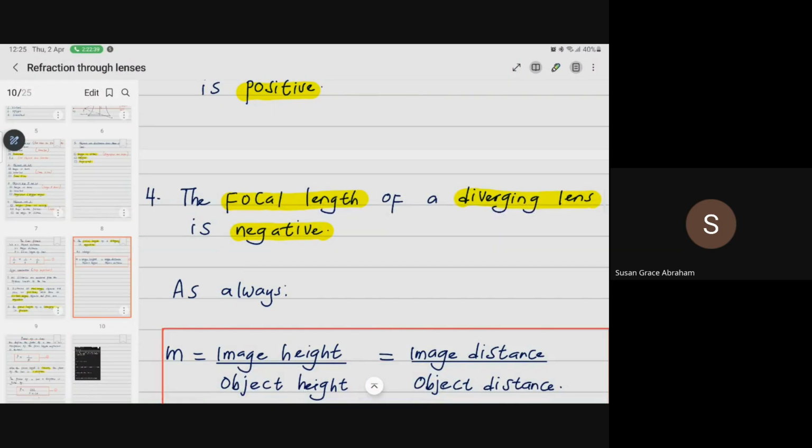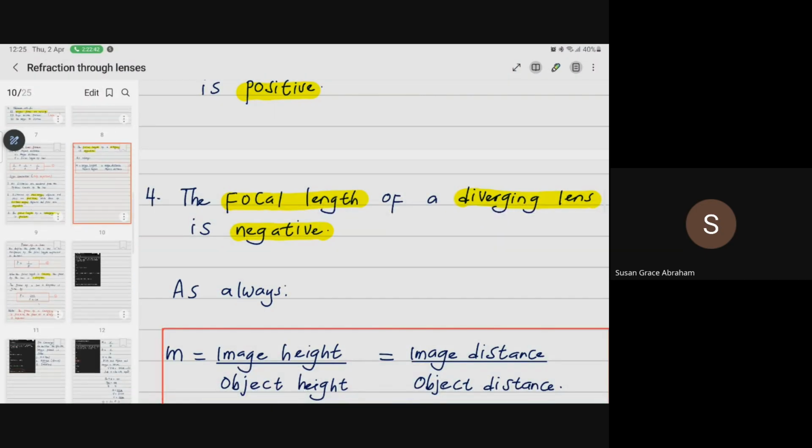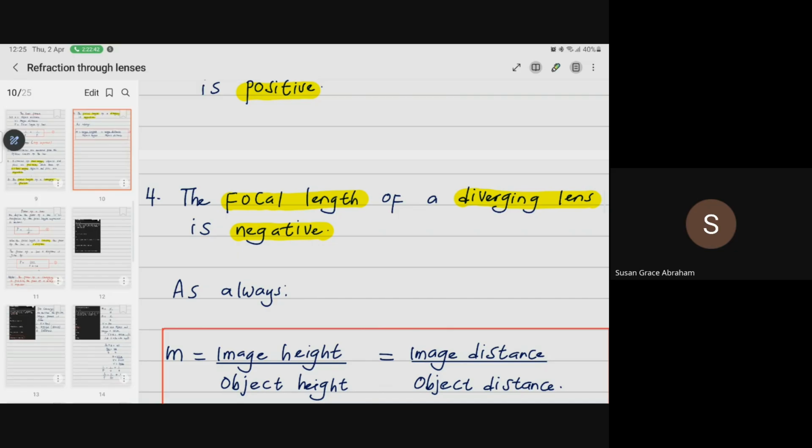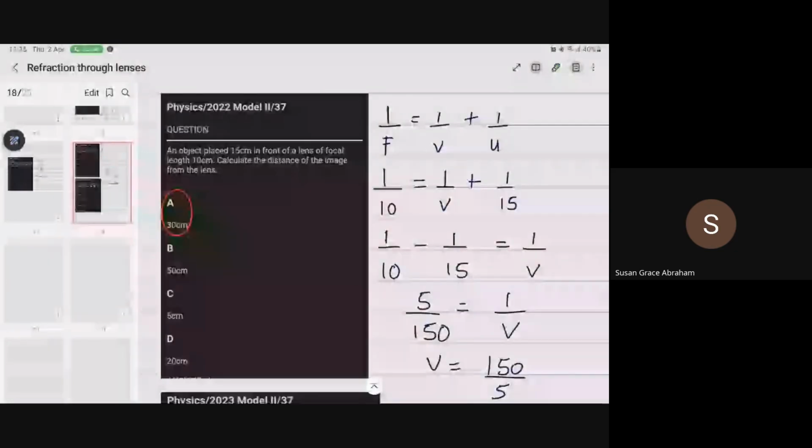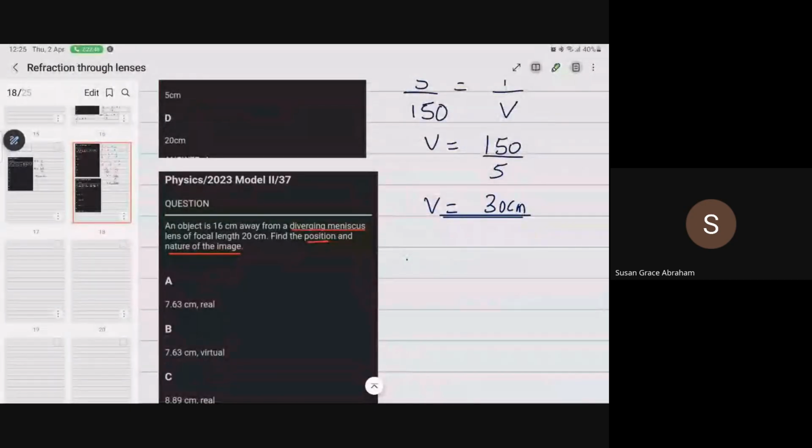So I'm going to make use of that very statement to solve what we are solving. We know that the object is 16 meters away from the divergent lens, focal length 20. It means that the object is closer to the optical center than the center of curvature, which entails that the image that will be formed is going to be a virtual image. So it is expected that my v will be a negative value.